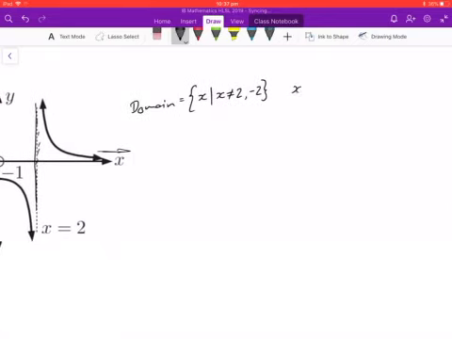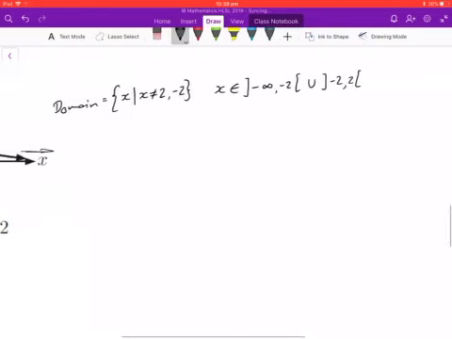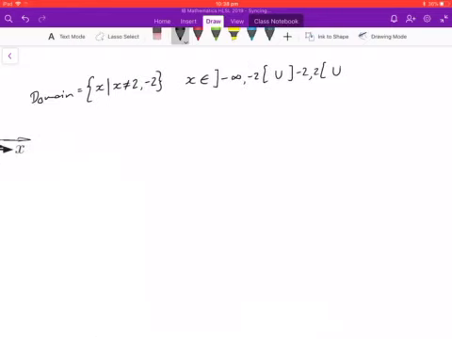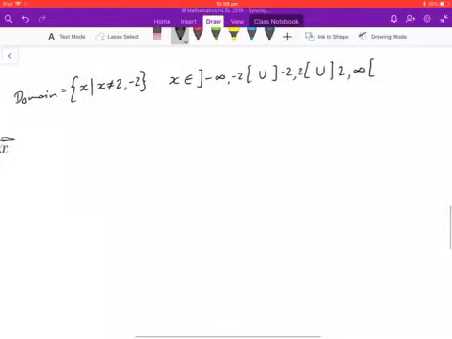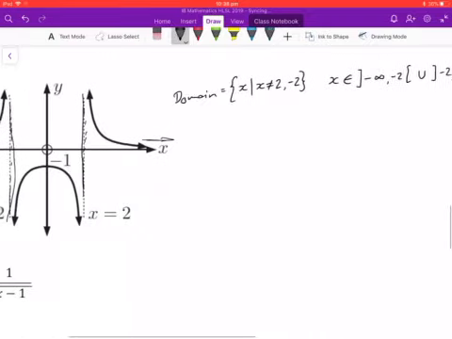I could, for instance, do this. It's from -infinity to -2, exclusive, and -2 to 2, exclusive, and 2 to infinity, exclusive. It never includes any of those values because it never touches them. So that would be a way to do that one.